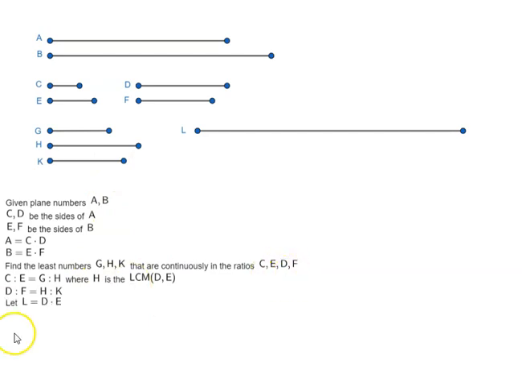Now, let D times E be L. Then C is to E is equal to A is to L. How? Because remember, A is D times C and L is D times E. So that means C measures A D number of times, E measures L D number of times.